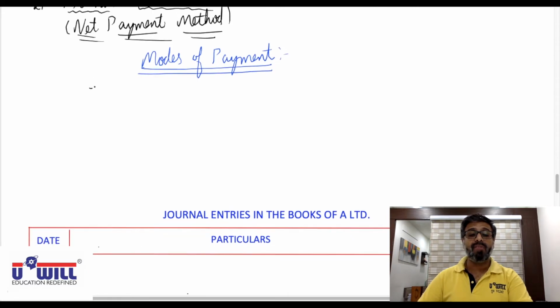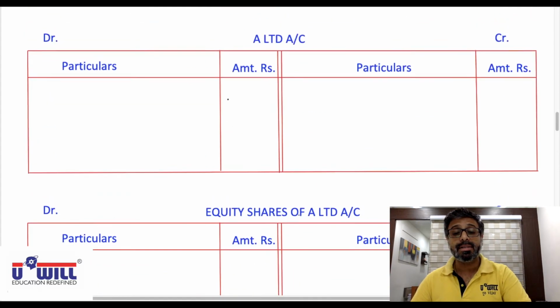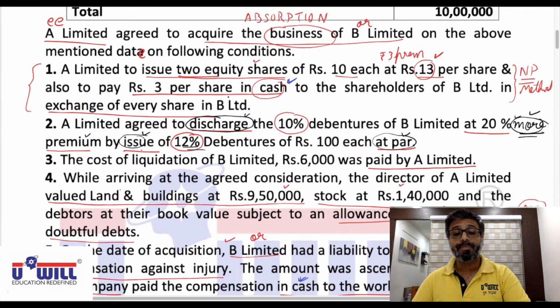Okay, first mode of payment is equity shares. Look at the first adjustment to find how much amount is paid by equity shares. See the first adjustment. A Limited to issue two equity shares.